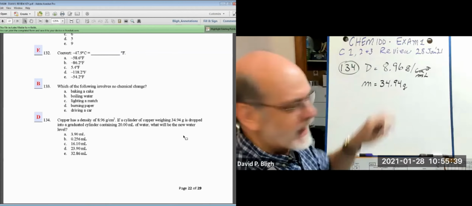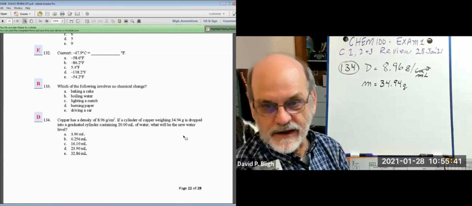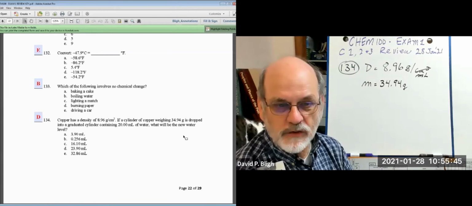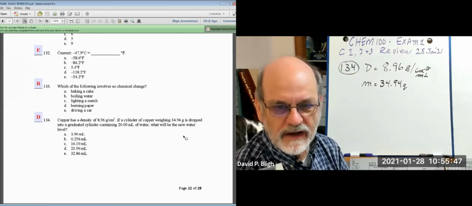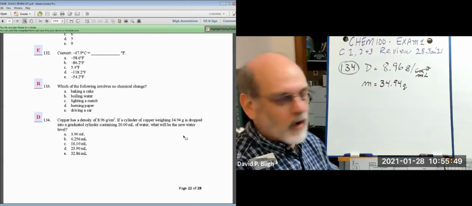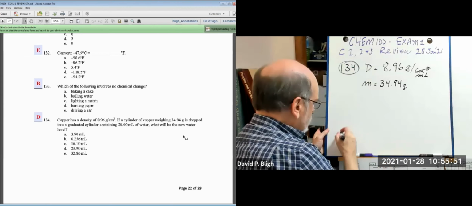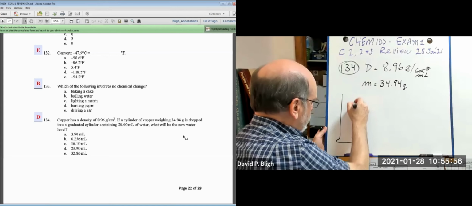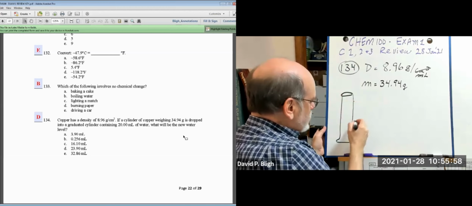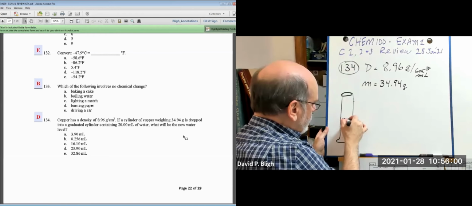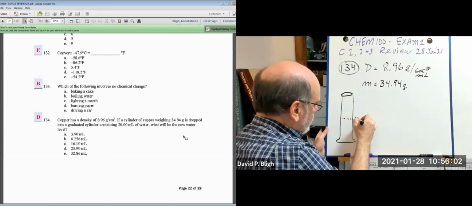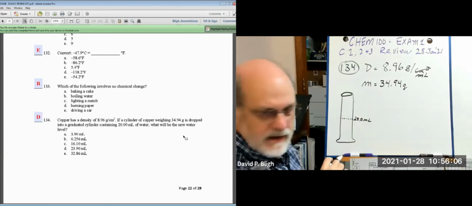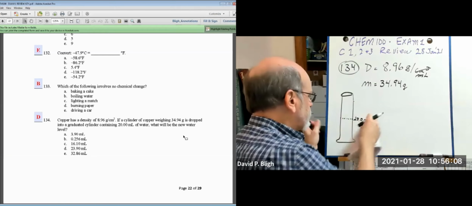So 34.94 grams is the mass of this piece of copper, and it goes into a cylinder containing 20 milliliters of water. What will be the new level? All right, so we have a graduated cylinder, and we start off at 20. Actually, 4 significant figures.